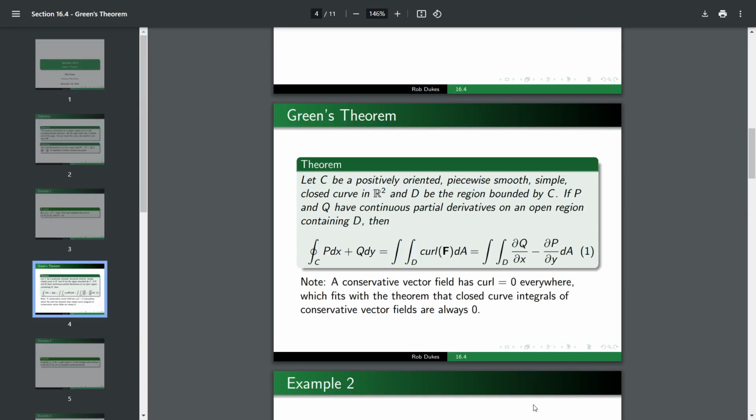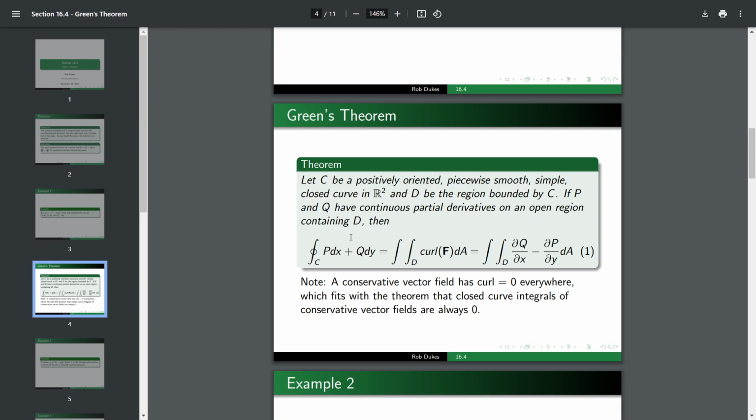If we had, say, our curve was like this, we'd maybe draw a tiny little bubble around there. And as long as the derivatives exist and are continuous in that bubble, as long as the bubble's just a little bit bigger than our region, then we can go ahead and use Green's theorem. So we don't want to have any breaks in the derivatives in the function, in the region, or on its boundary.